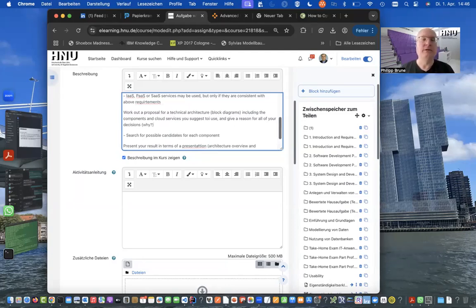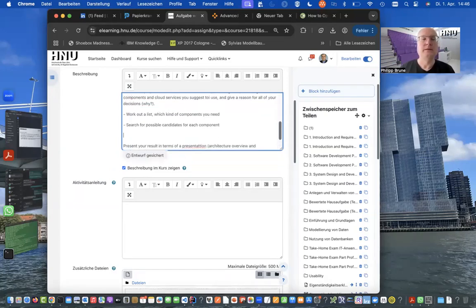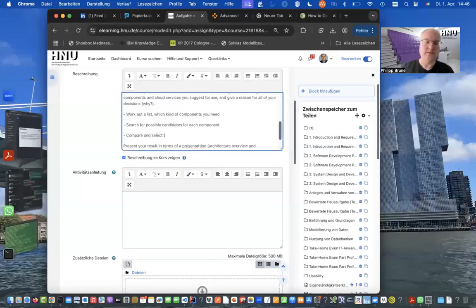Maybe before you do that, you should... that's the typical process of how you derive an architecture.